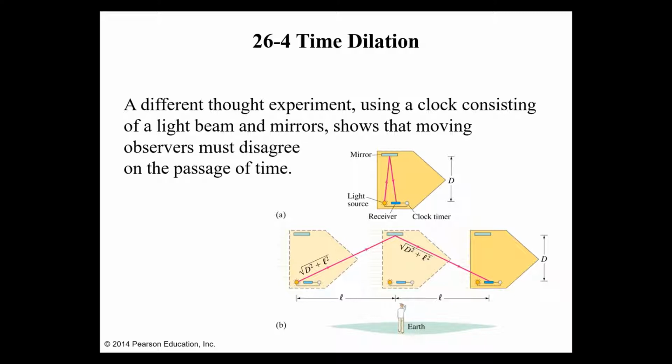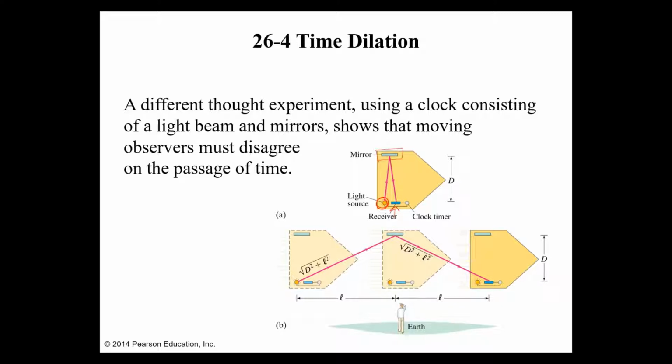So here's an interesting thought experiment to help us understand time dilation. You have a clock that is based on light. You have light from some source, it moves across a device, hits a mirror, and then comes back and impacts a receiver.